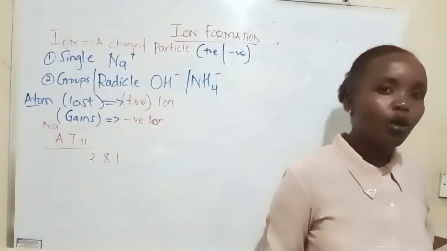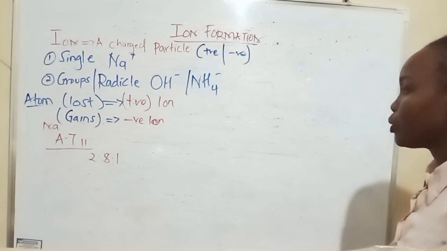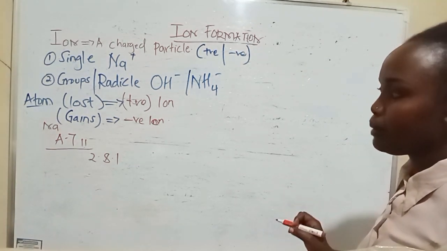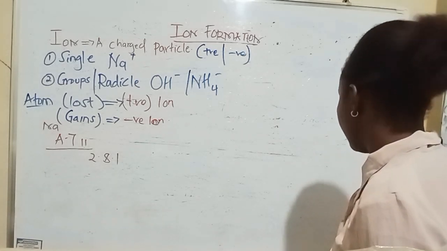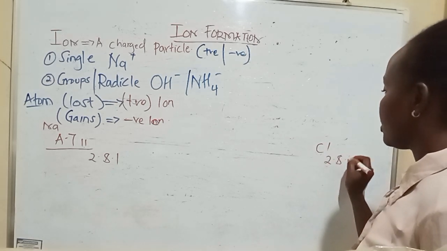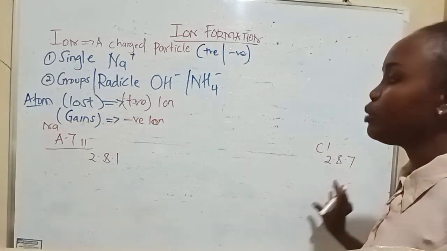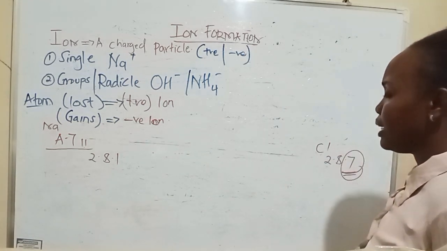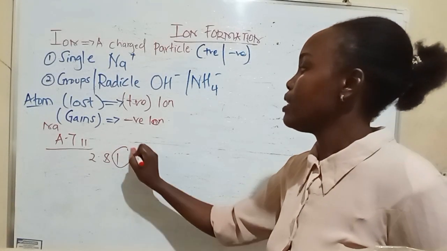And we are going to talk about another element that is going to gain electrons, an element like chlorine. Chlorine is atomic number 17, so chlorine is going to be 2:8:7. For you to know if an element is going to gain or lose electrons, you look at the number of electrons in the outermost energy level. Chlorine has 7 while sodium has 1.